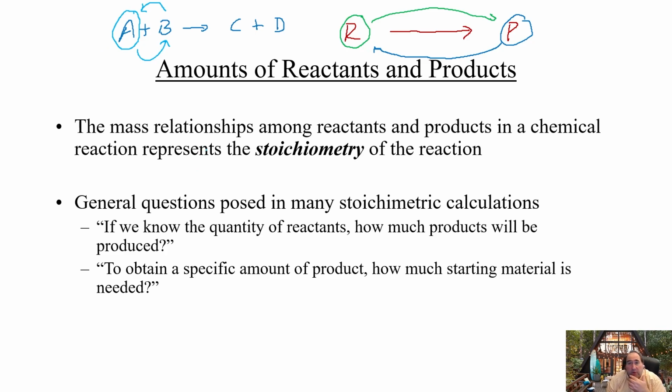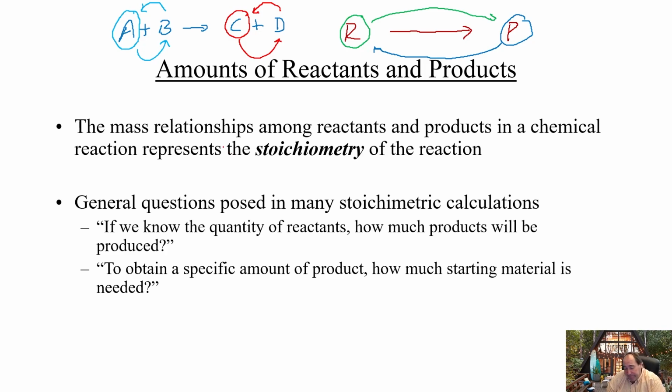We actually don't have to do the relationship across the arrow. We could stay on the reactant side. The same thing with our products. If we figure out how much of our product, say C, that we produced, we could do some stoichiometry calculation and figure out how much D we would be making, and vice versa.